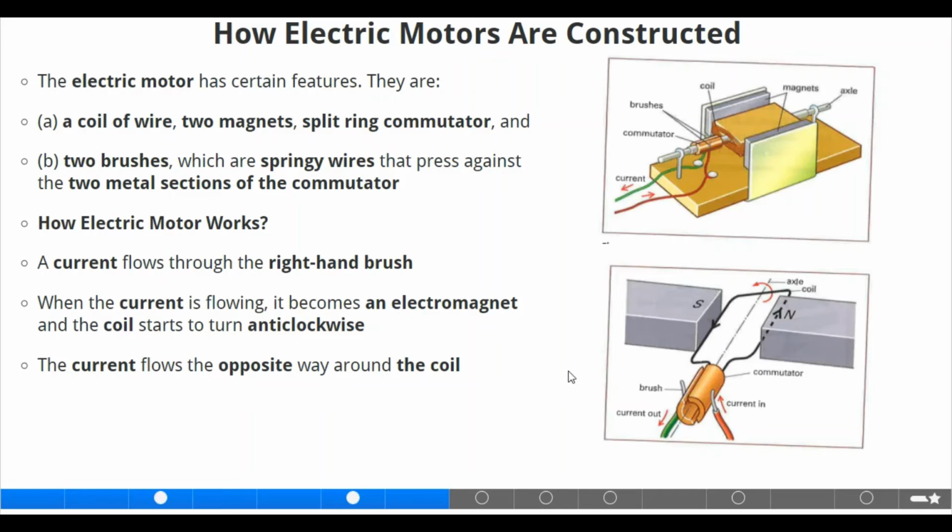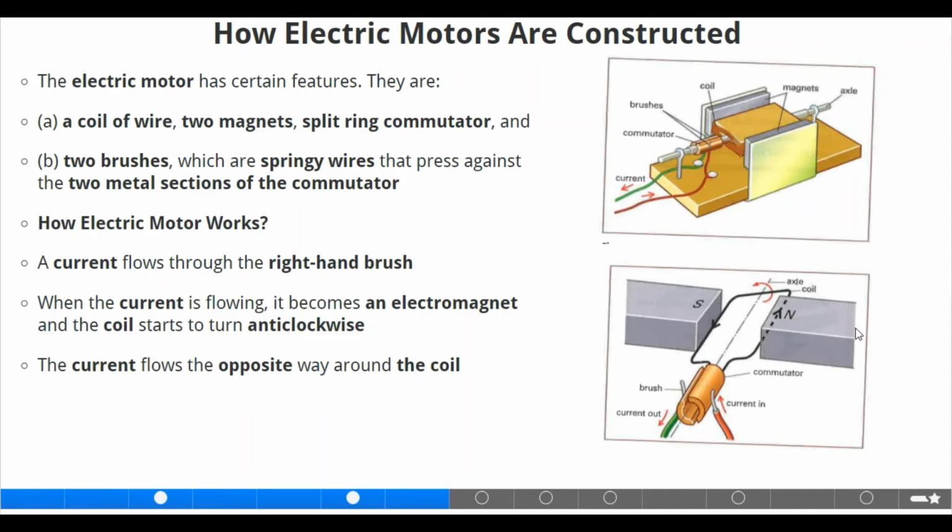Now, how does an electric motor work? A current flows through the right hand brush into the circuit. Current in. It is available in this diagram. When the current is flowing, it becomes an electromagnet. And the coil that we can see here, the black shape, starts to turn anti-clockwise.